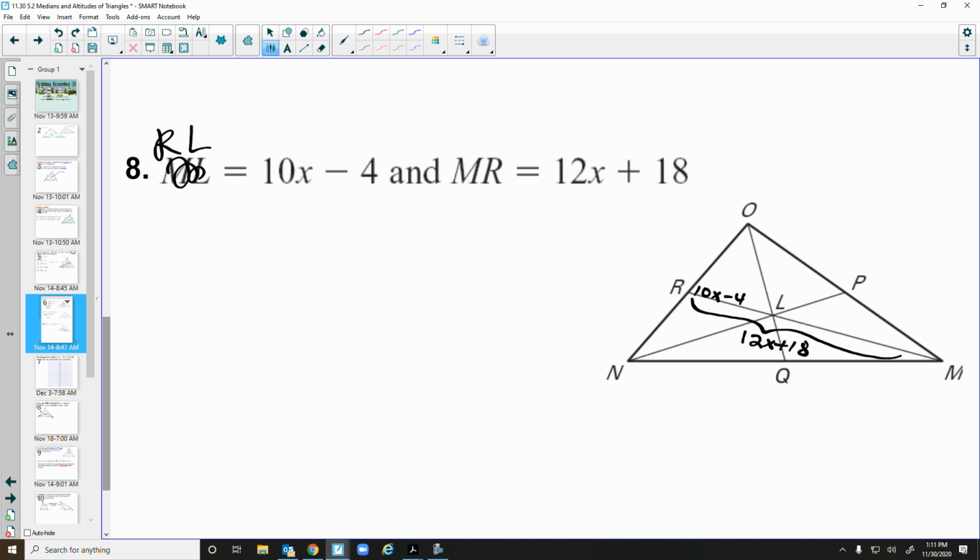So how is this problem now different? Right, that shorter distance of your 10x minus 4 is 1/3 of the whole thing, which is that 12x plus 18.